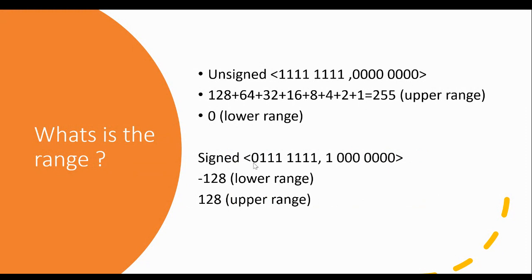We can look at the logic of this. All these are positive values, and the most significant bit represents the negative value. That's why 1000 0000 would mean negative 128, and 0111 1111 will be representing 127. That's the upper range, and that's the lower range.